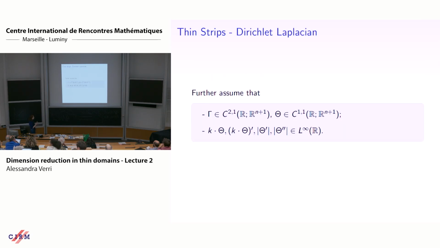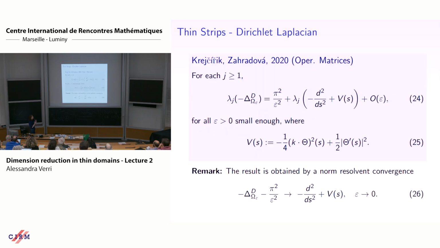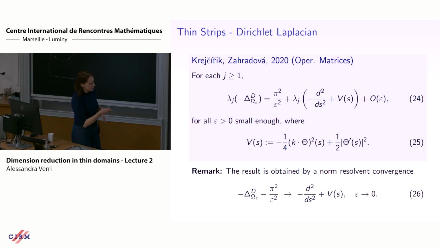So now some more regularity conditions, and finally I can present the first result about this model. For each j, we find this asymptotic behavior for the values given by the minimax principle.